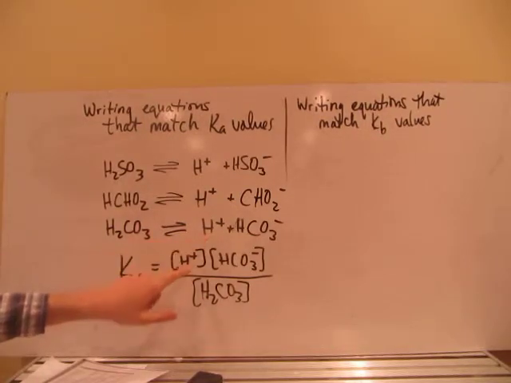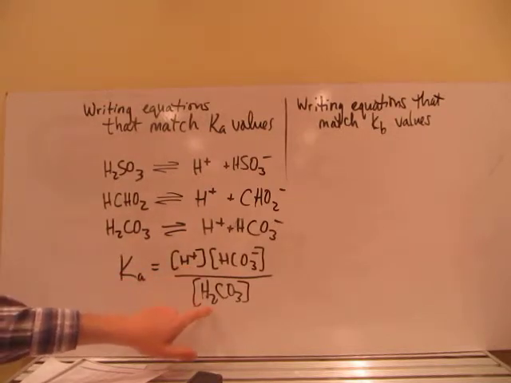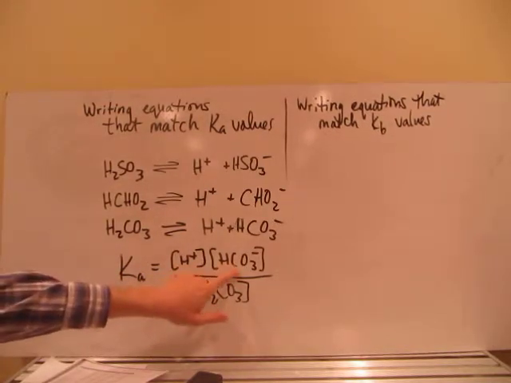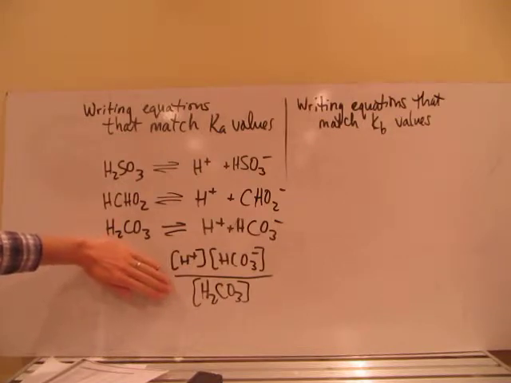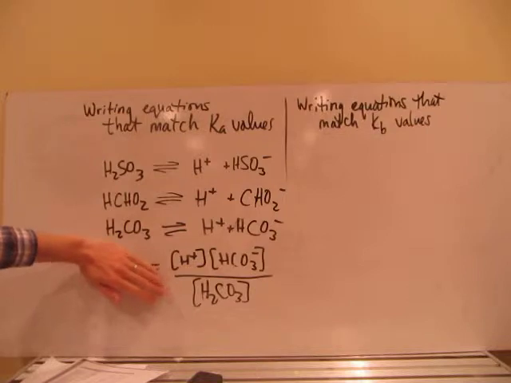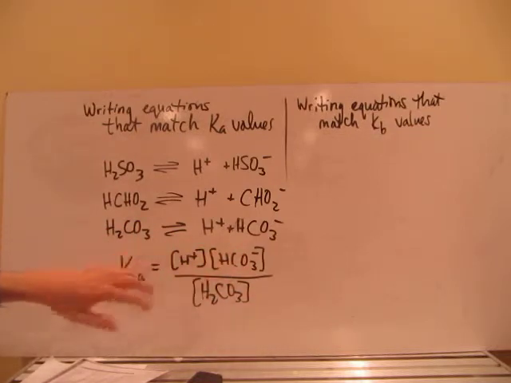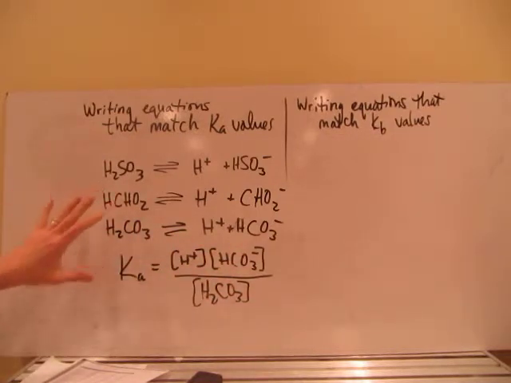The H plus is going to be in the numerator. Your weak acid will be in the denominator, and its conjugate base also in the numerator. So that happens every time. That should look like a K. Like if you just saw that, that should look like, oh, that's Ka. I can look up, I can find some value for that, or I can calculate it if I'm given some concentrations, some information. So that's that.